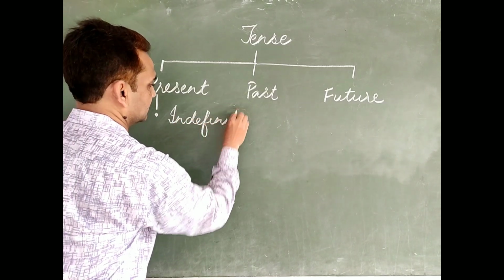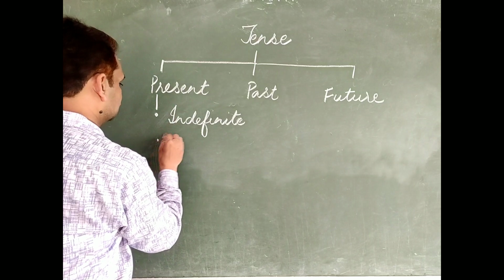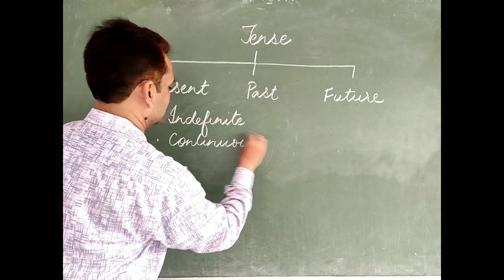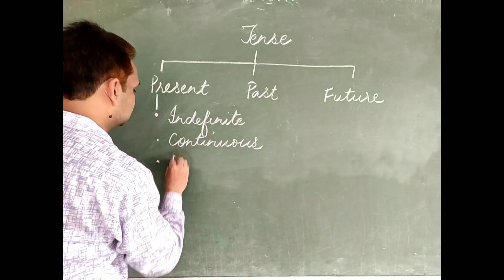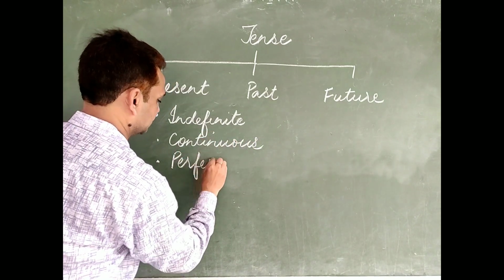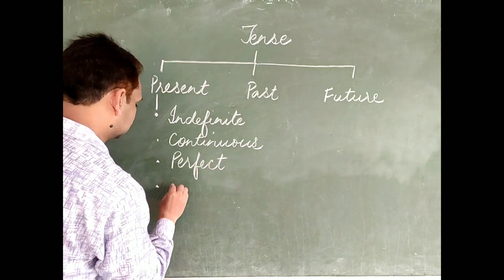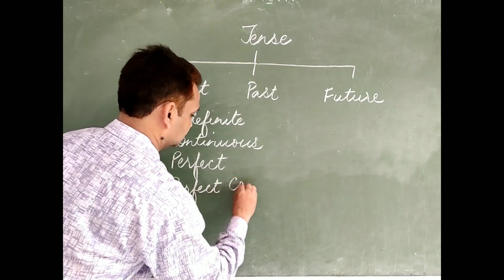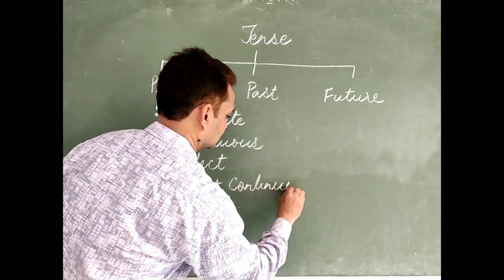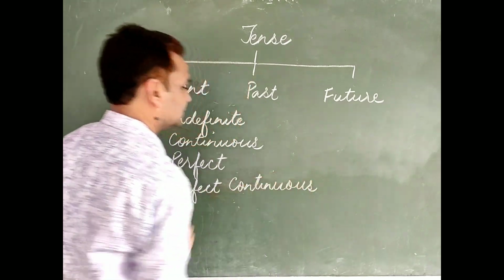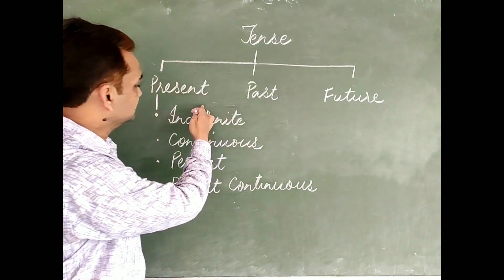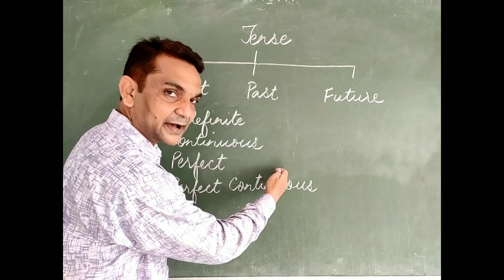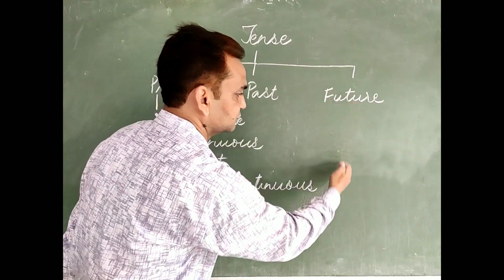Indefinite, then second is continuous, it is also called progressive, the third is perfect, and the fourth is perfect continuous. These are the four types of present tense, then the same four types of past tense, and the same four types of future tense.